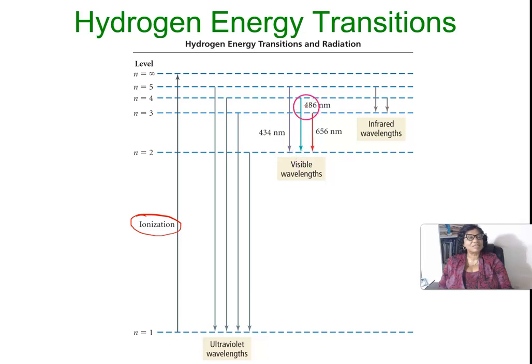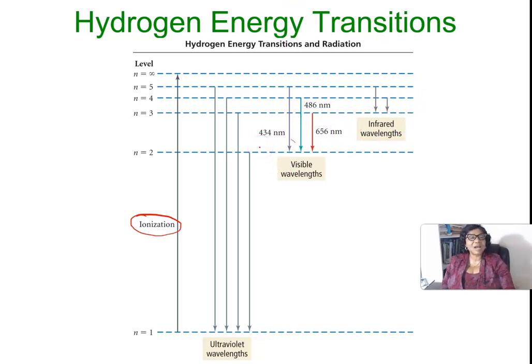The wavelength is about 486 nanometers. And when it goes from n equals 3 to n equals 2, it appears red, and the wavelength is 656 nanometers. But if it's smaller, n equals 3, it's an infrared wavelength. So this is the energy transition for hydrogen.